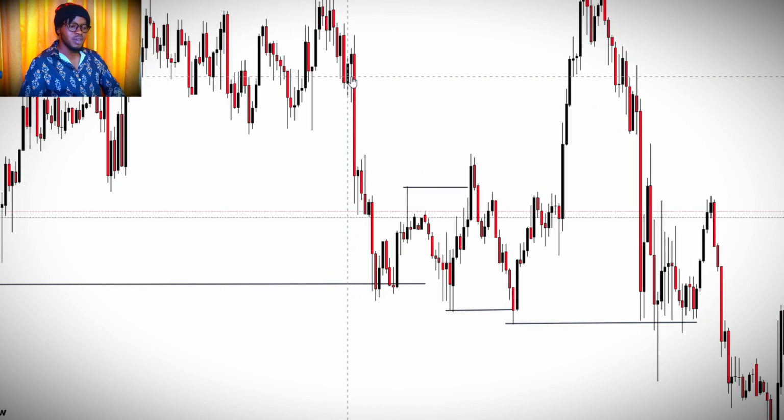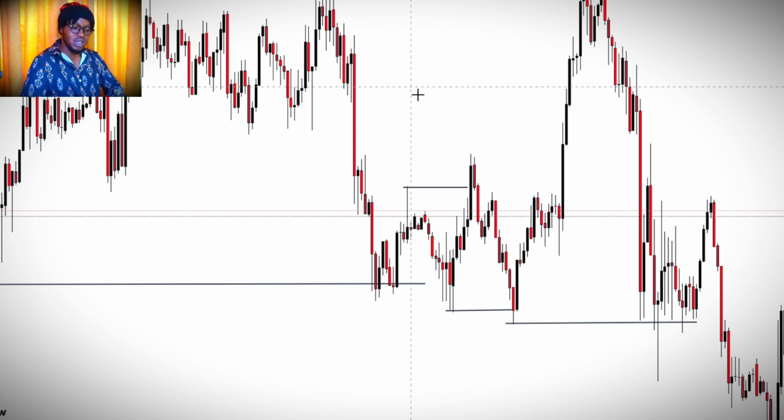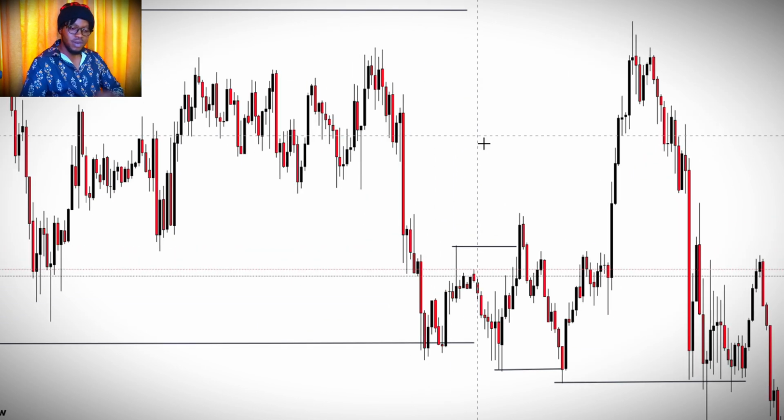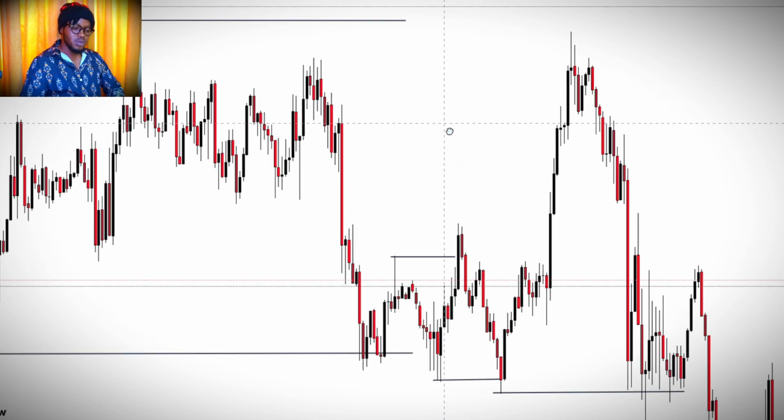If price wants to retrace and turn bullish, it will turn bullish for a small period of time. But when price is about to go bearish, it will go bearish so fast with a lot of liquidity, because the overall trend is bearish.